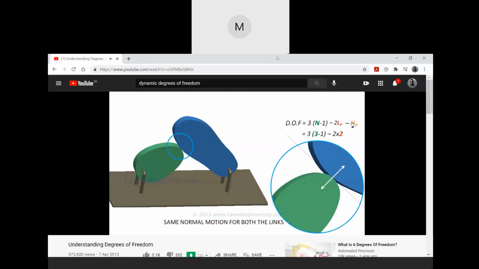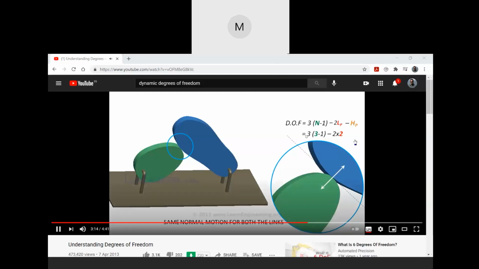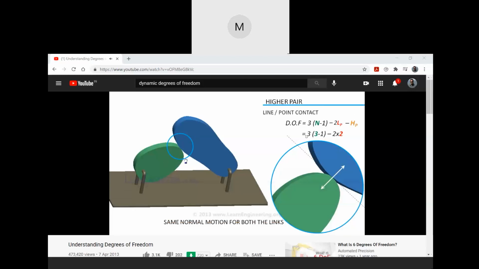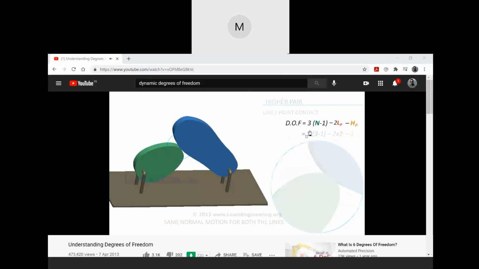This kind of pair is called a higher pair. Here we have 1 higher pair. So this mechanism has 1 degree of freedom, meaning by knowing the position of only 1 cam, we can completely determine this mechanism. So this is the equation to find the degree of freedom of a planar mechanism, known as the Kutzbach equation.